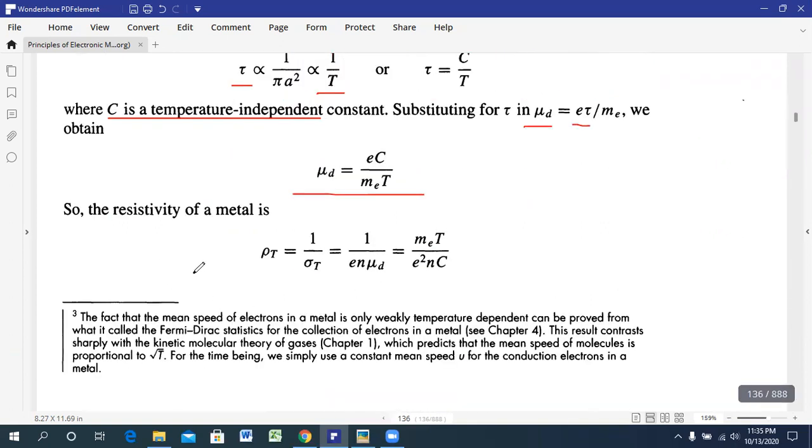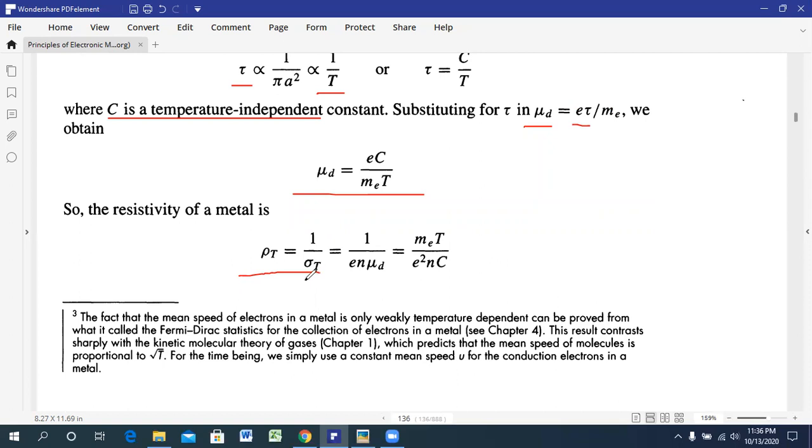So we have found out that sigma or tau is inversely proportional to the temperature. So the resistivity of the metal, rho of T equals 1 divided by sigma T, because the reciprocal of resistivity is known as conductivity, and the reciprocal of conductivity is known as resistivity.